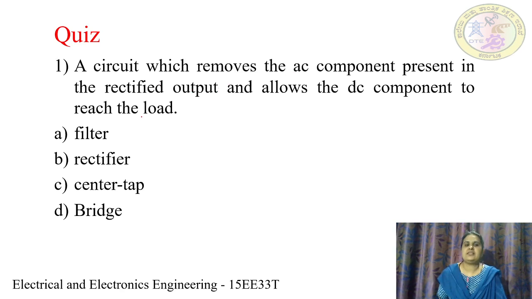Which circuit removes the AC components and allows the DC? So I think you can guess the answer. The answer is option A, filter circuit. From the previous class also we have been continuously defining a filter: a filter circuit is a circuit which removes the AC components, thereby giving an almost constant DC output to the load.